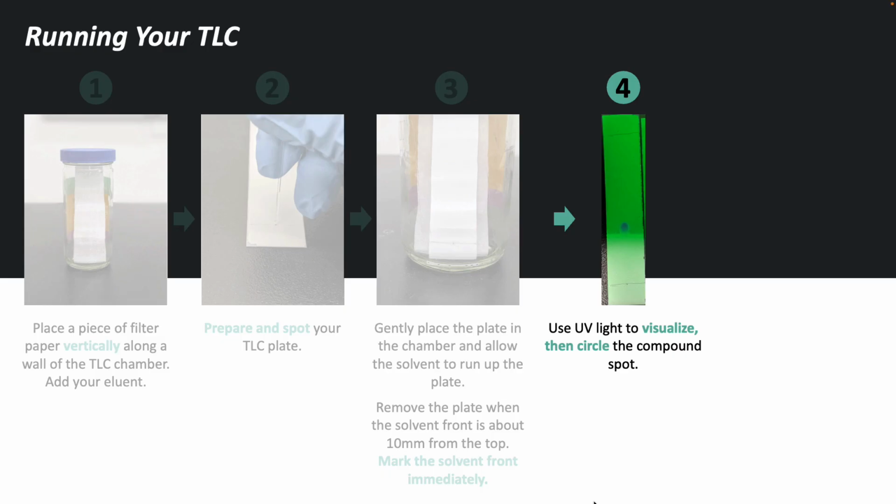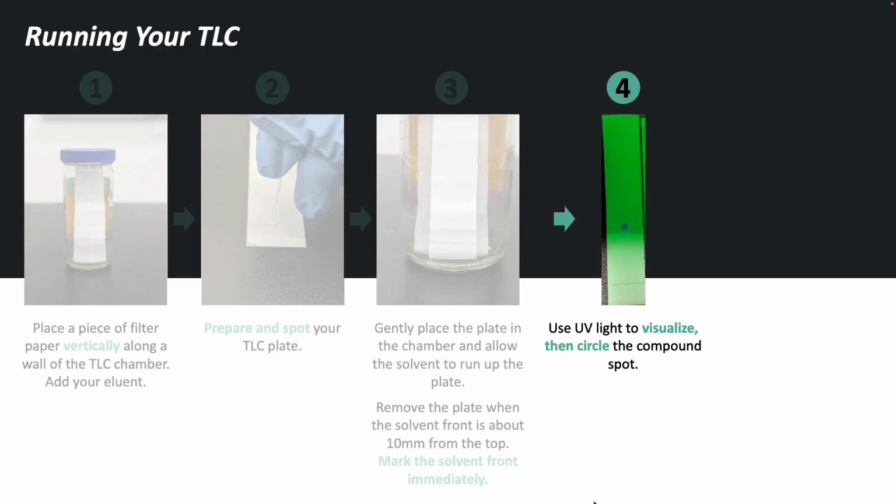Once you give your plate a few minutes to dry, you can then bring it under a UV lamp to visualize and then circle the compound spot. So picture here, we have a plate that is under a UV lamp, and you can see that spot glowing under UV.